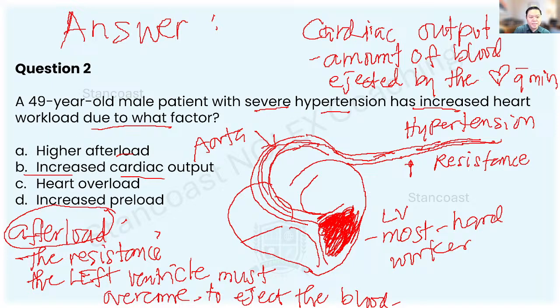Okay? The cardiac output is the amount of blood that is going to be pumped by the ventricles every minute. Not just the left ventricle, but also the right ventricle.